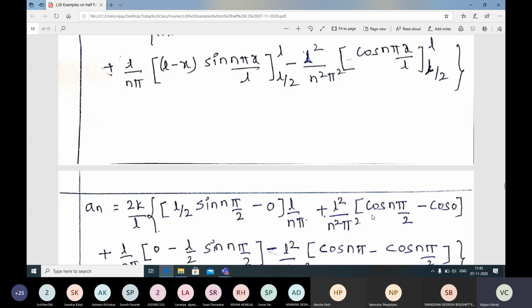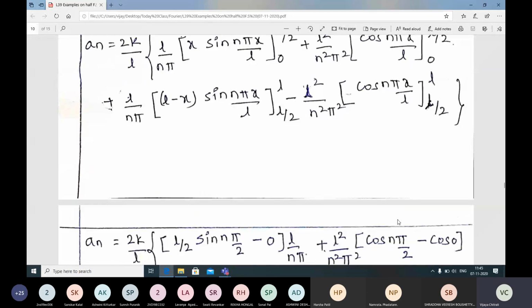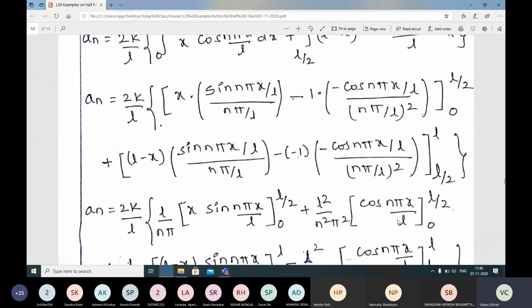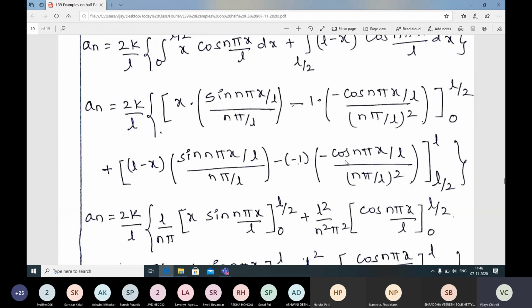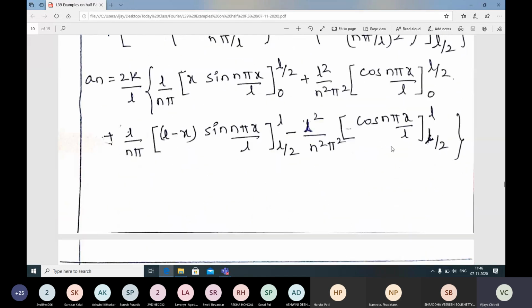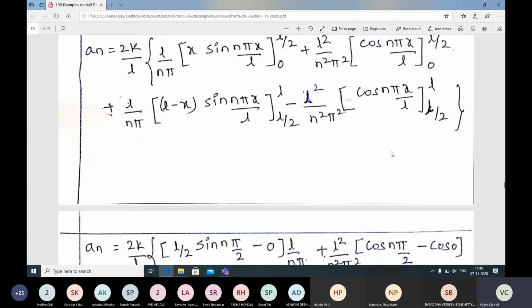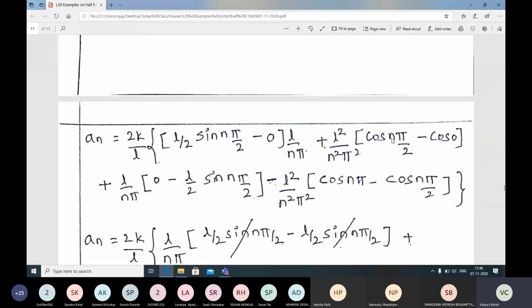And substitute here in place of this x, L by 2. So we'll get here as L by 2 cos n pi by 2 minus substituting 0, cos 0.